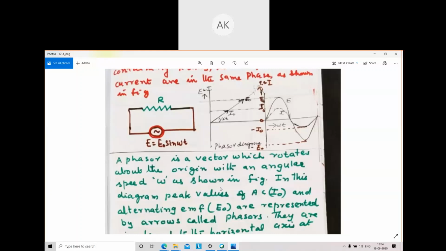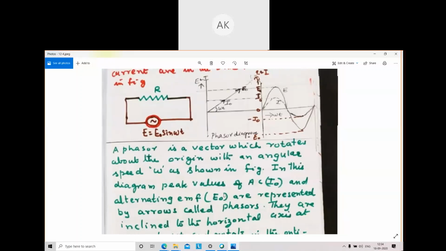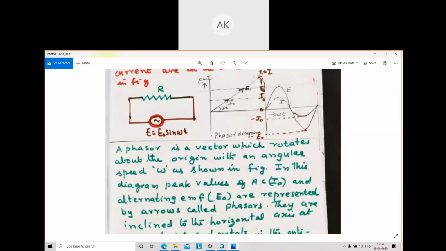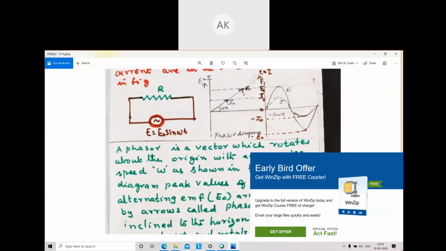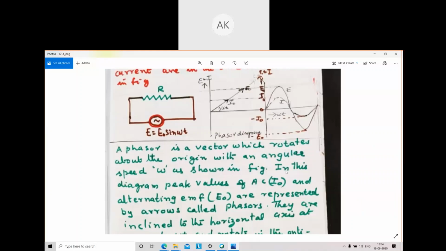In this diagram, the peak values of AC, I0, and alternating EMF, E0, are represented by arrows called phasors. Both I0 and E0 are vector quantities, so we are representing them in this phasor diagram.